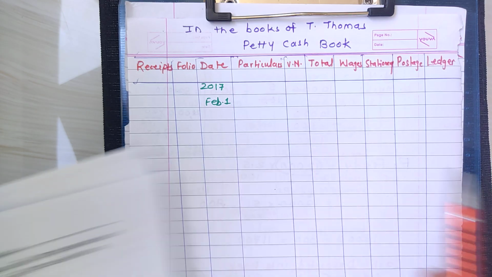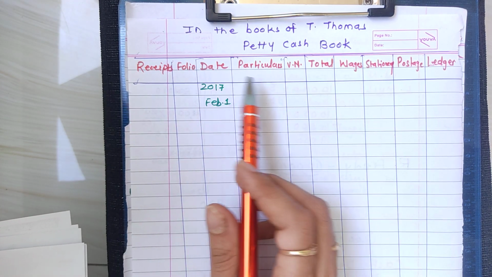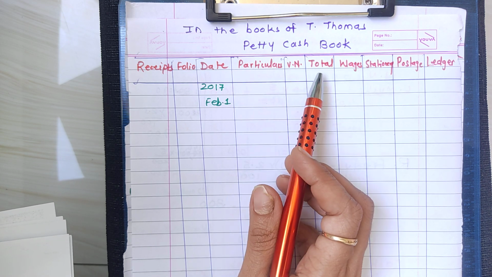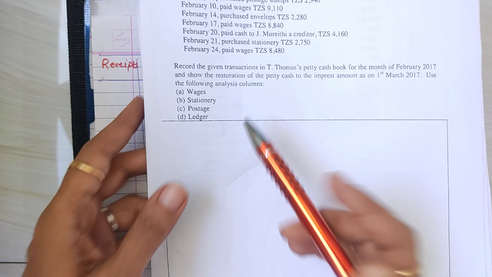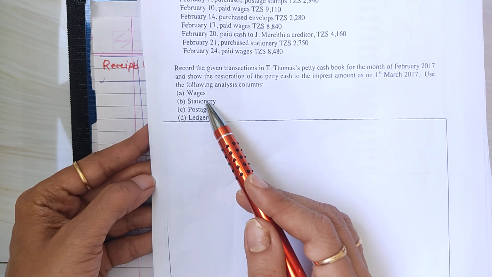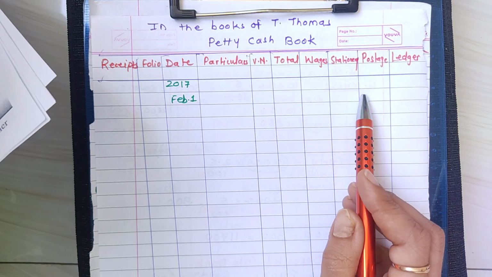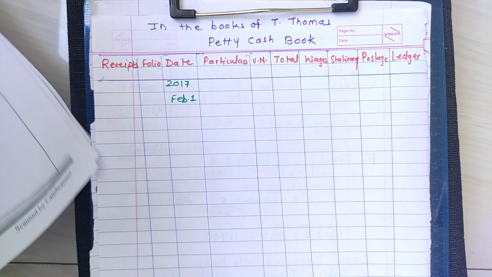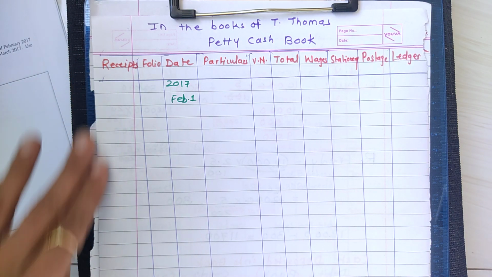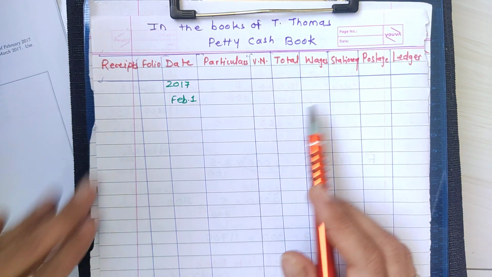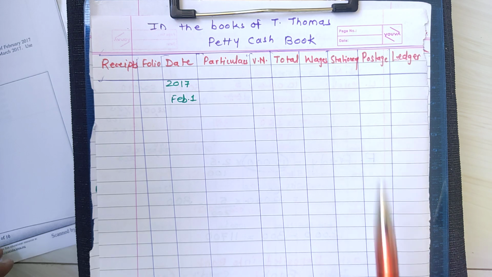The columns will be receipts, folio, date, particulars, voucher number, total, and here directly the analysis columns are given: wages, stationery, postage and ledger. So we have prepared wages, stationery, postage and ledger. Okay, so receipts you are writing on this debit side, and payments all will come here on the right side.